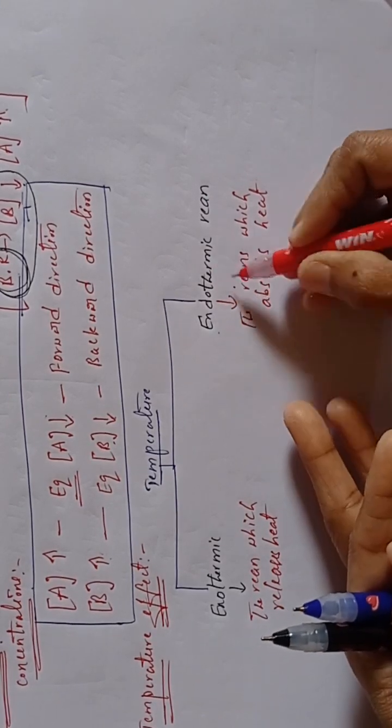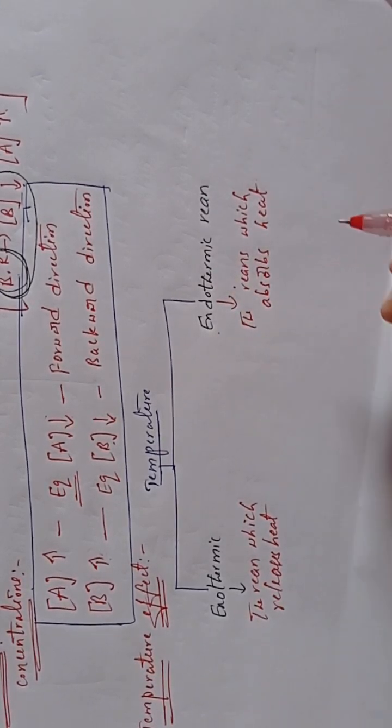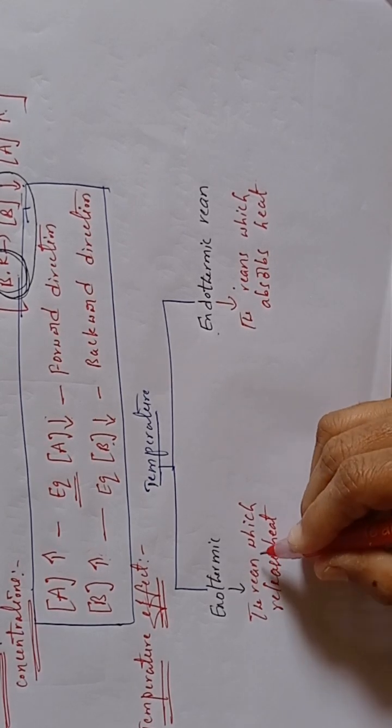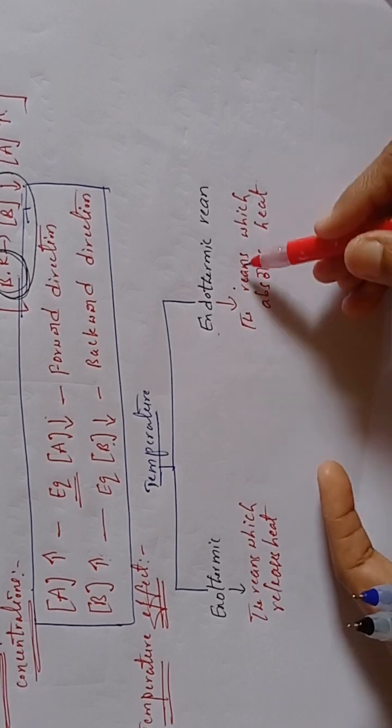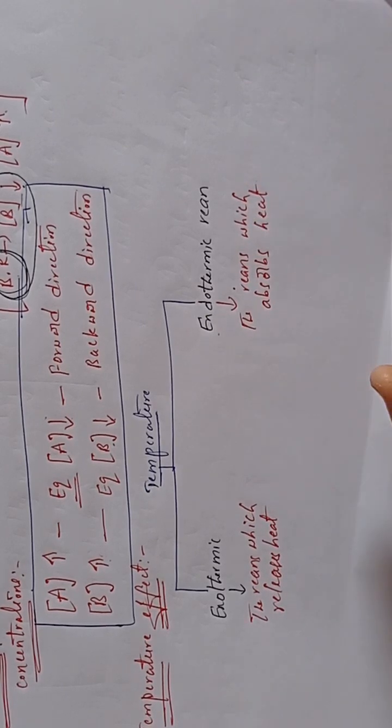Endo means absorb, therm means heat. Are you clear?